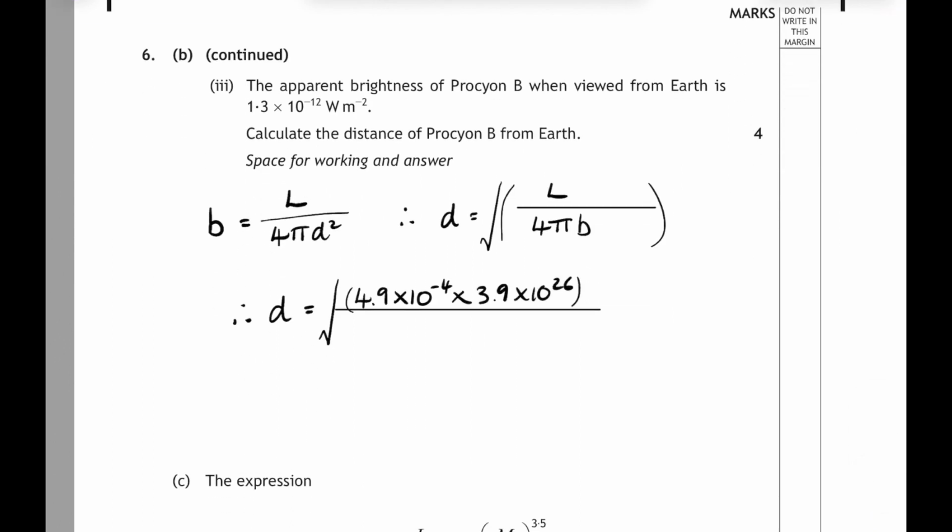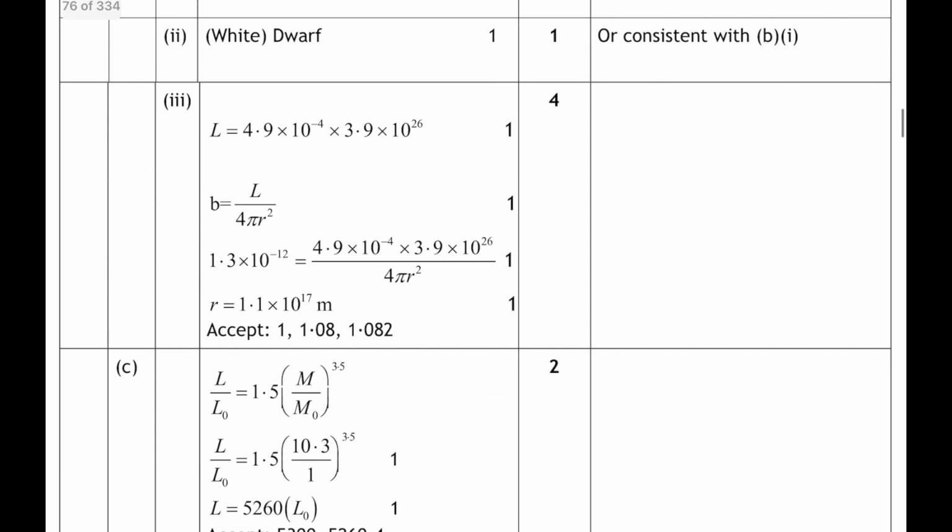And that's all over 4 pi times B. So that's 4 times pi times, and we're told the apparent brightness is 1.3 times 10 to the minus 12. Now if you do all that carefully on the calculator, then you'll get the distance of 1.1 times 10 to the 17 metres.